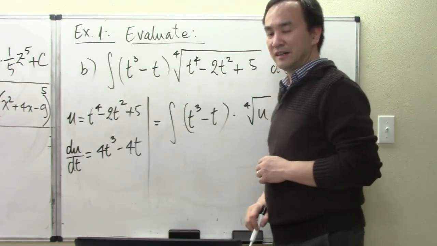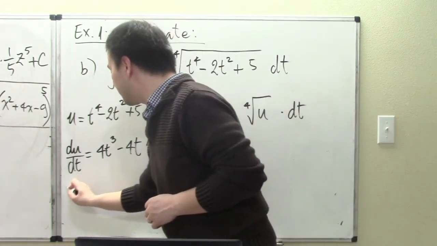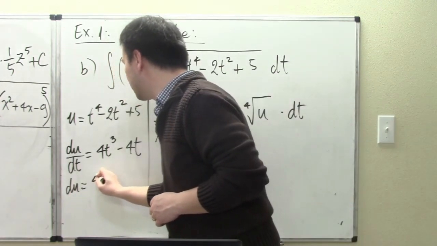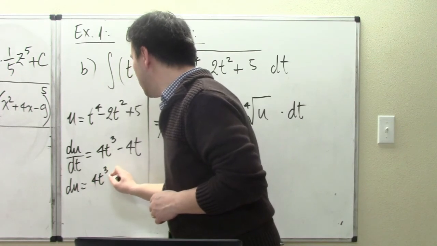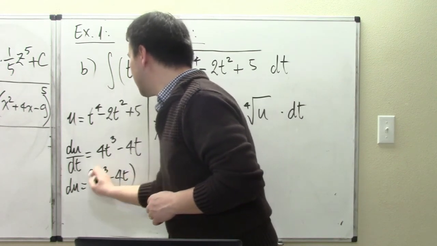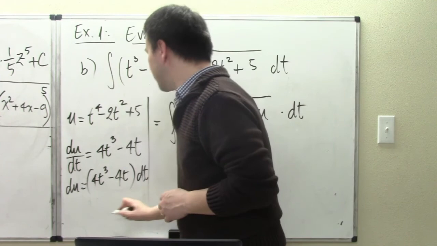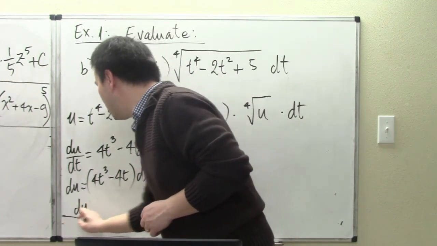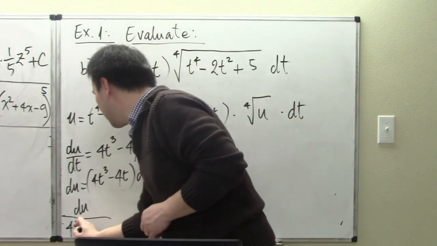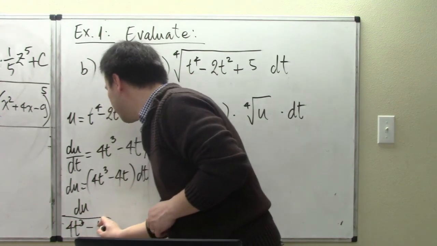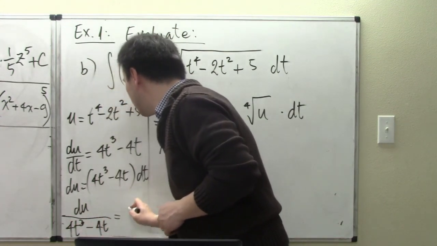All right. And so yes, a little bit more algebra. du will equal 4t cubed minus 4t times dt. And so that means du over 4t cubed minus 4t is equal to dt.